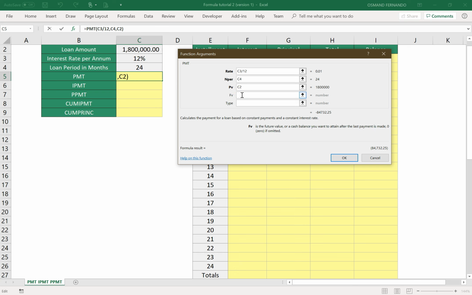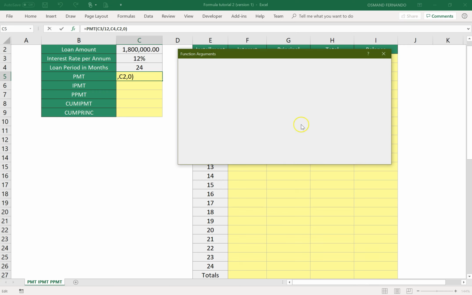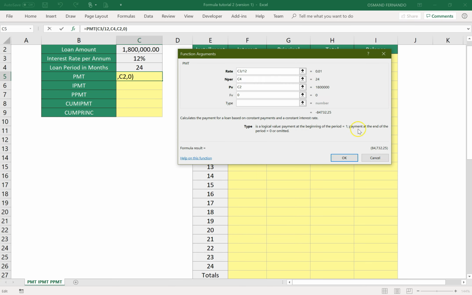We don't want to put the future value here, so you can leave it blank or even put 0. And the type: our case is payment at the end of the period, so put 0. And then you are done with the formula.